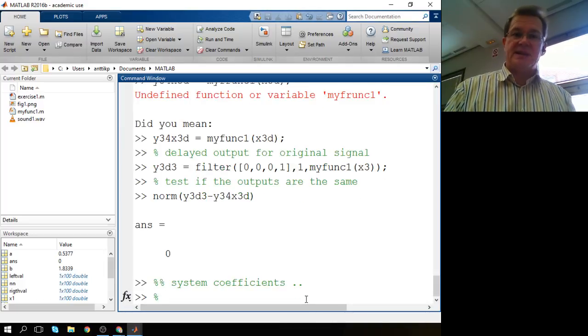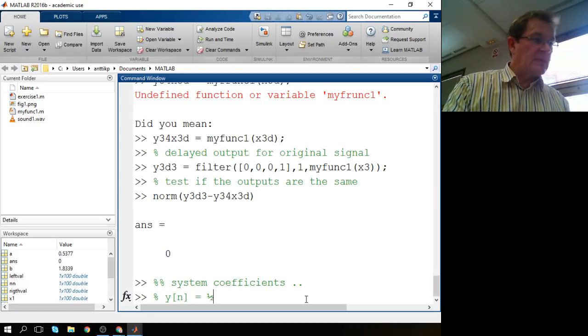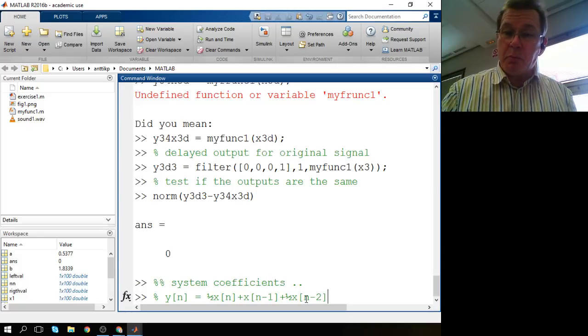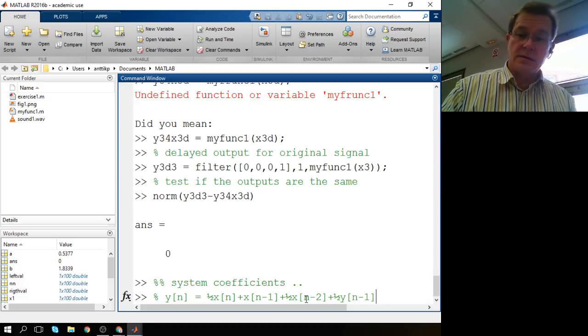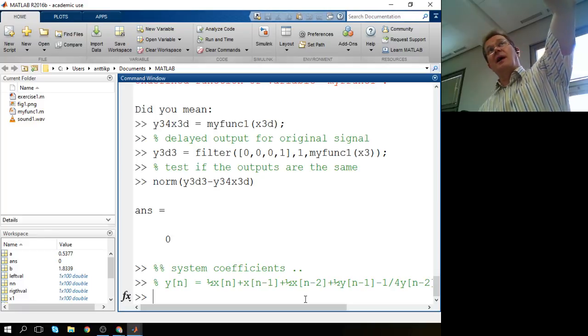So the system was y of n equals half of x of n plus x of n minus 1 plus half of x of n minus 2 plus half of y of n minus 1 minus 1/4 of y of n minus 2. And the system coefficients are those.